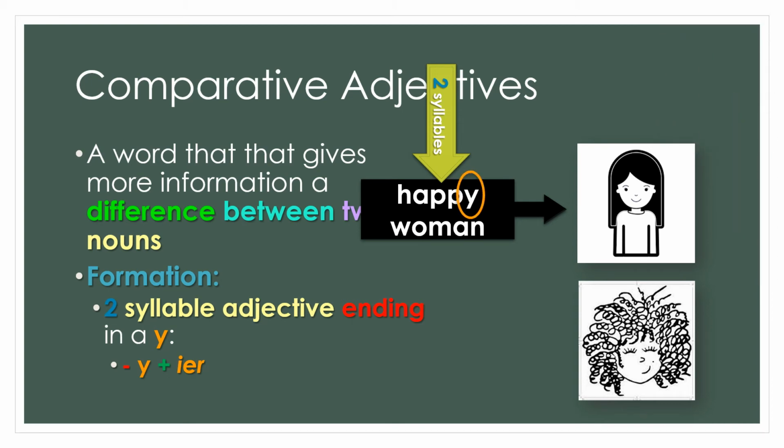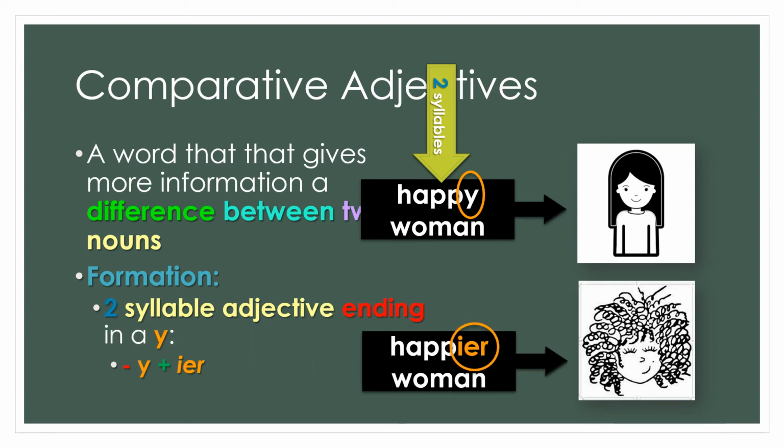Happy ends in a Y, so to make the word happy a comparative adjective, you will subtract the letter Y and add IER, happier. This is a happier woman than the other woman.